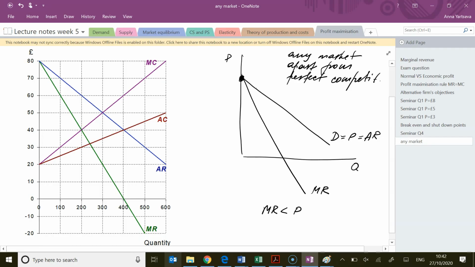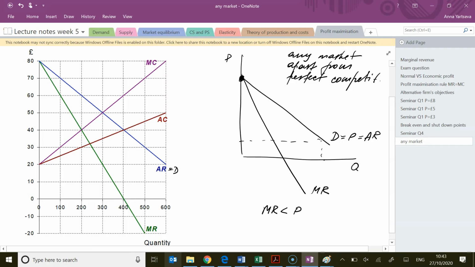If firms are willing to sell this amount, price will be that much. If sellers are supplying this amount, price will be that high, and so on. Demand is simply the price line, and price is equal to average revenue line. So strictly speaking, we can label this demand curve in different ways, and this is what we have here. This is simply our demand line.